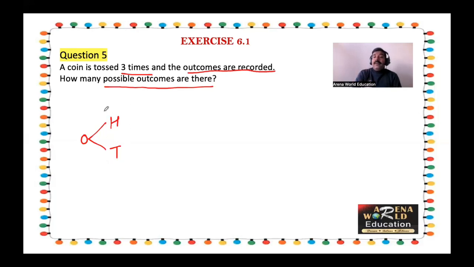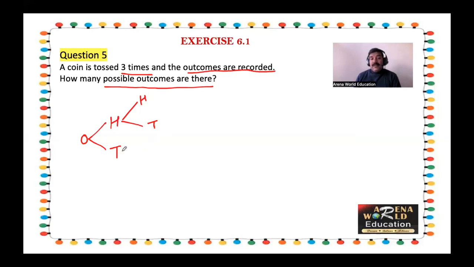If we throw a coin once, there are 2 outcomes, right? Suppose we throw that coin again. Suppose we have head the first time. Then the second time, it can be head or it can be tail. So you have head, head, or head, then tail.